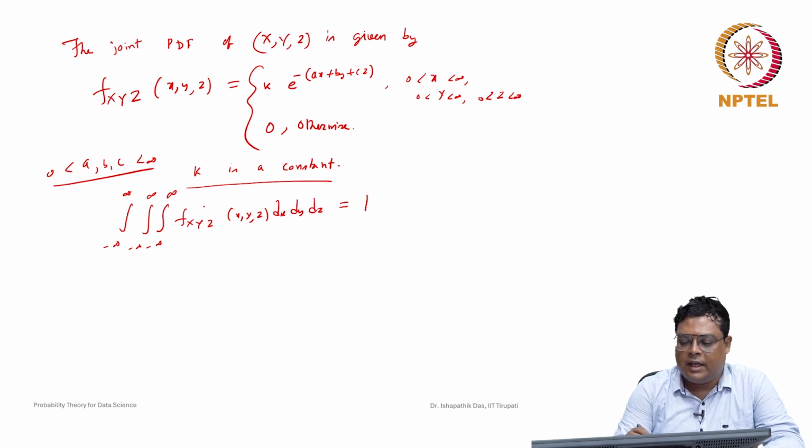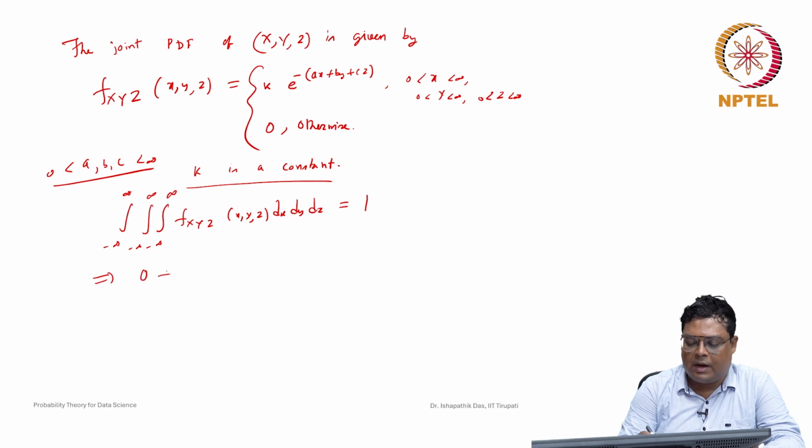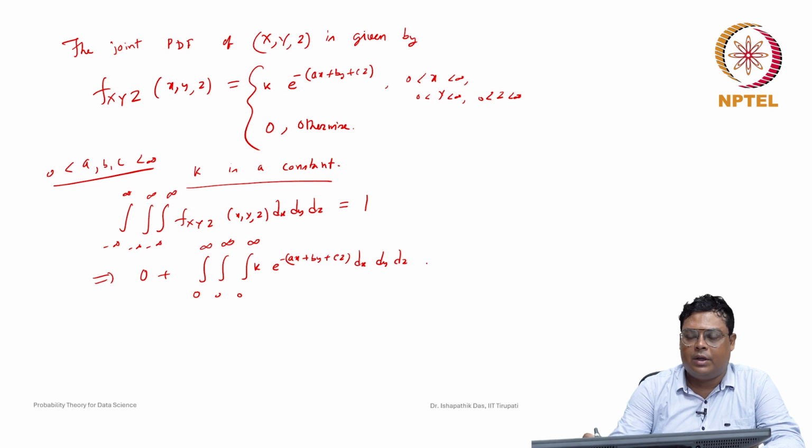Now this density is 0 whenever x, y and z are negative. So only 0 to infinity, 0 to infinity, 0 to infinity remains, of k into e to the power of minus (ax plus by plus cz) dx, dy, dz. This will be equal to 1.